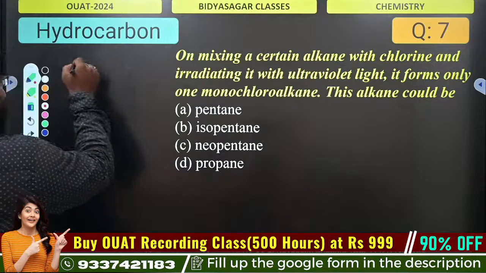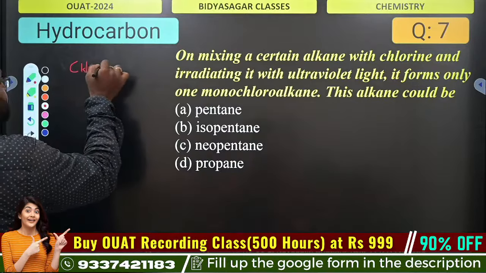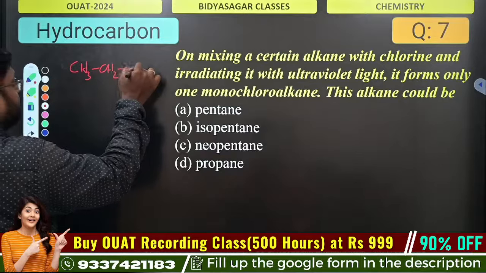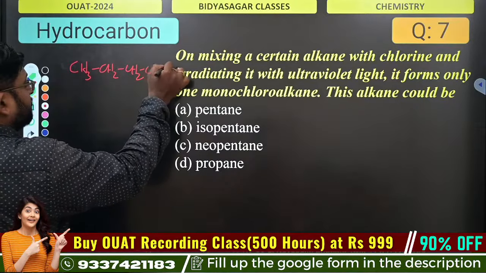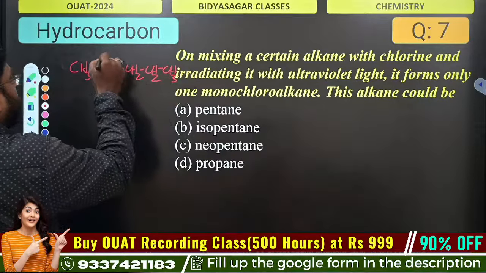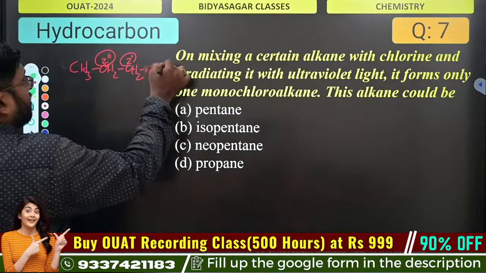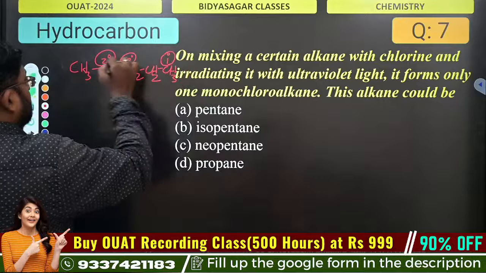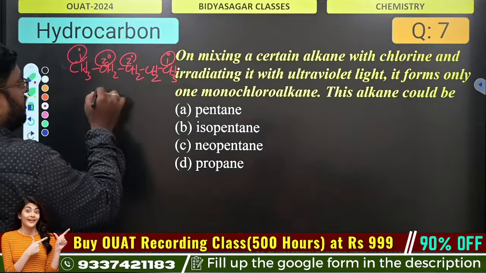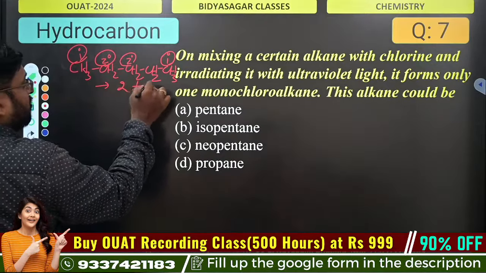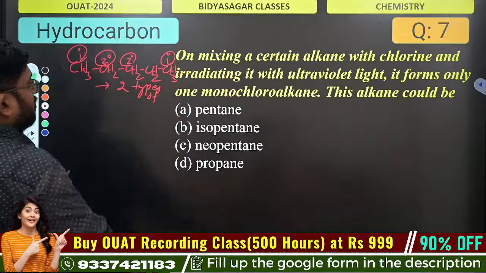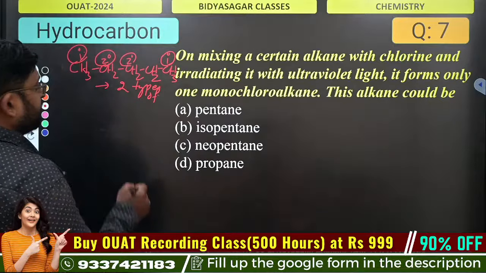In case of pentane, it has 2 degree hydrogen, 2 degree hydrogen and 1 degree hydrogen. This is 1 degree. So it will give you two types of monochloroalkane.